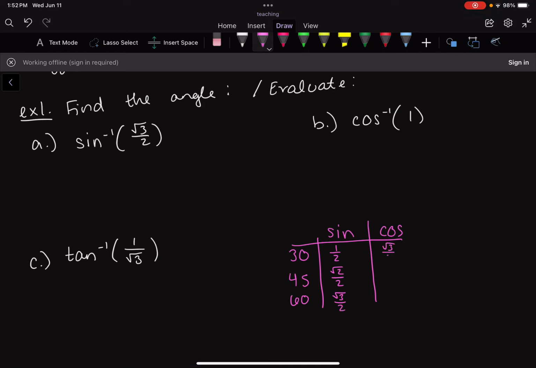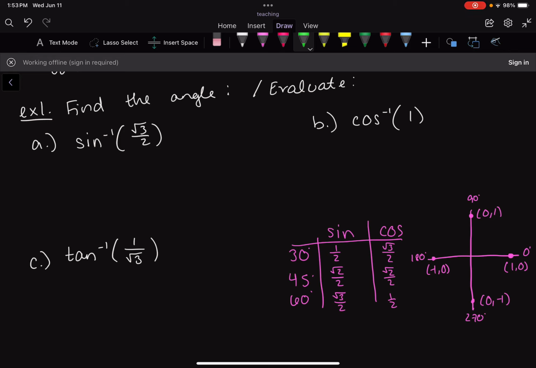Cosine was root 3 over 2, root 2 over 2, 1 over 2. And then if I come to the coordinate plane, this point is 1, 0. This one up here is 0, 1, negative 1, 0, and 0, negative 1. This is 0 degrees, 90 degrees, 180 degrees, 270 degrees. And I could put the radians on here as well if we wanted to, but I don't think that we'll totally need it.